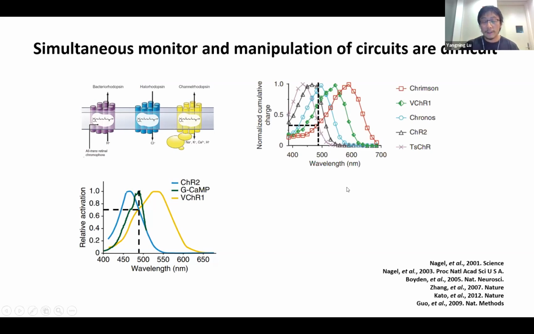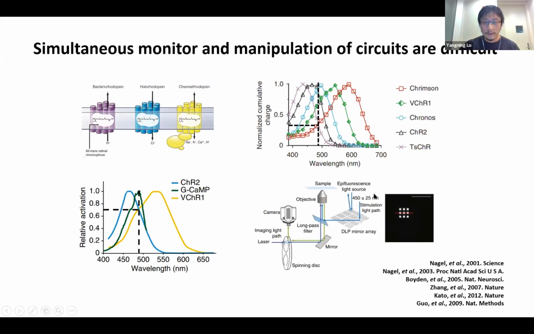So people have largely used two approaches to address this problem. One is to use spectrally shifted opsins and couple them with GCaMPs, for example. And another is to use spatially patterned light to specifically target cells of interest, without touching cells outside of the cells of interest.